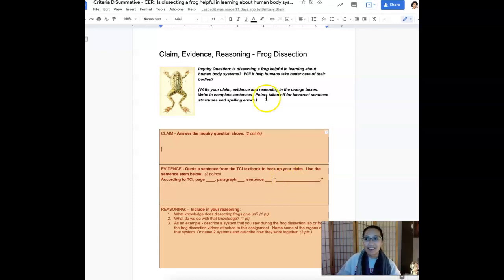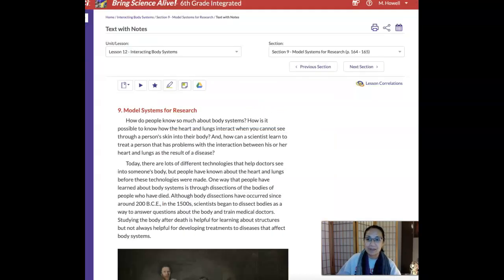So to help you out, if you go to your TCI textbook, open it up, and go to page 164. You have section 9. This talks about model systems for research.